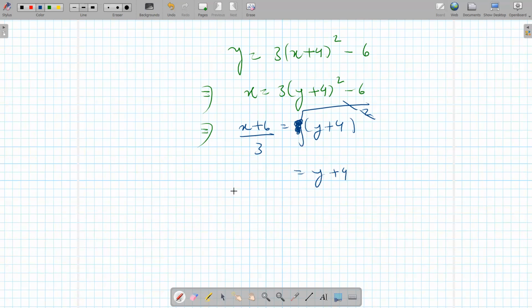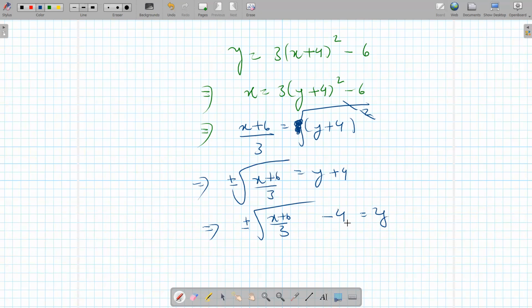You'll simply get the square root of that. But the funny thing is, the square root of anything is going to be plus minus. And then finally, we would subtract 4. And that's going to be the inverse of this quadratic function. There we go.